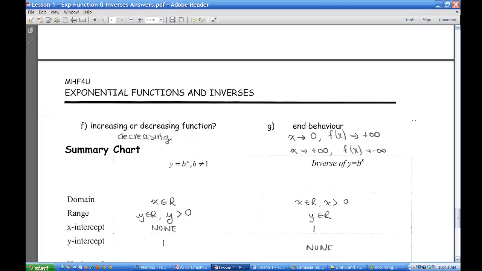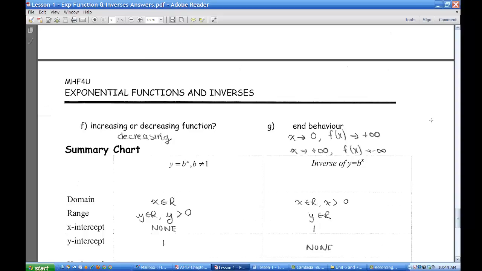So 1 over 2 to the power of x was decreasing, and the same is happening to the inverse of 1 over 2 to the power of x. It's still decreasing. It's going down from left to right. The end behavior is as x approaches 0, or the vertical asymptote, f of x approaches positive infinity. Values of y increase. And as x gets bigger in a positive direction, y gets bigger in the negative direction.